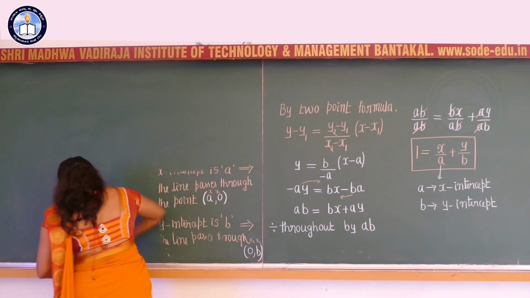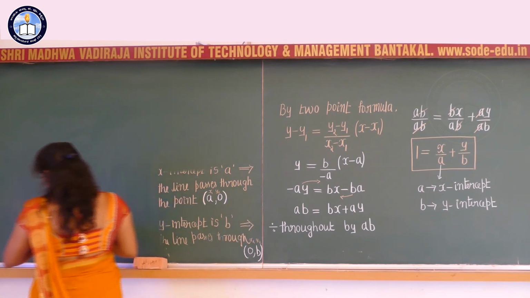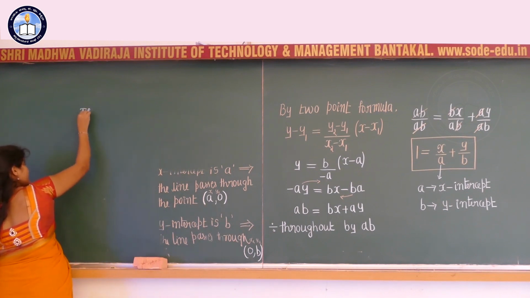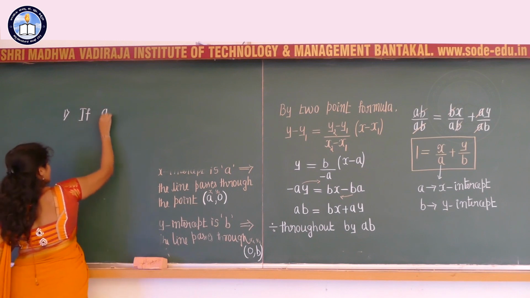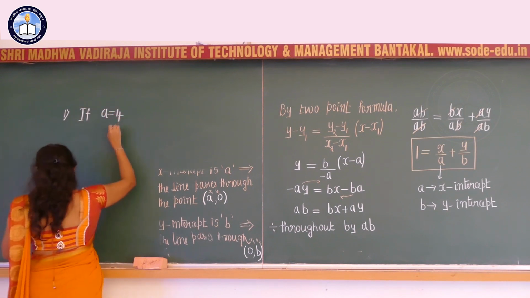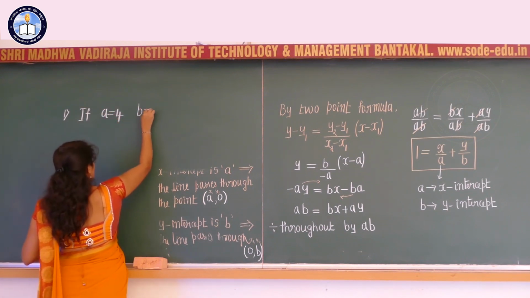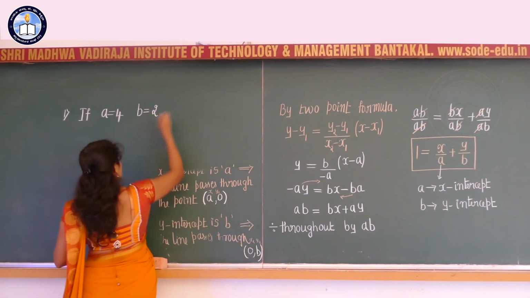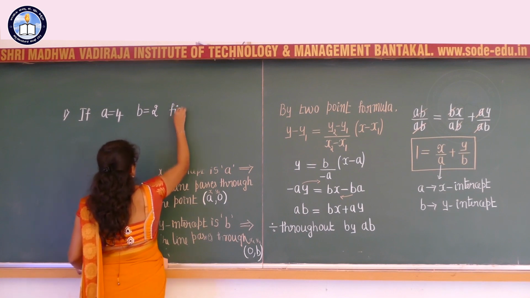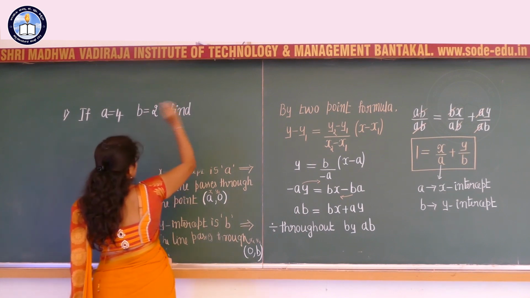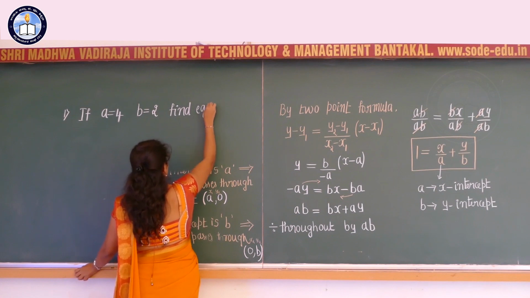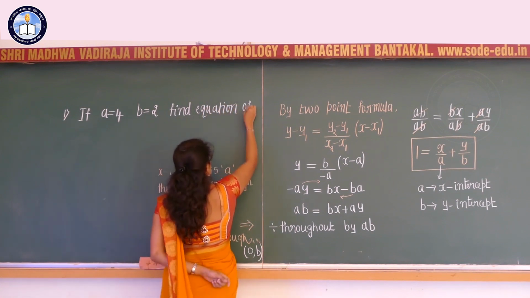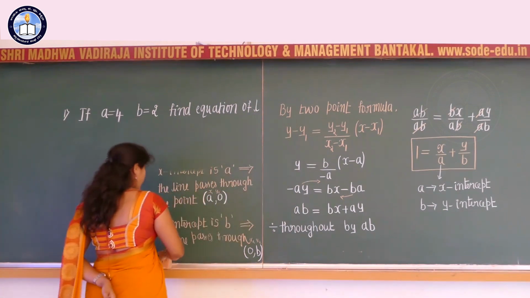The question is: if the value of a is equal to 4 and b is equal to 2, find the equation of the line L.